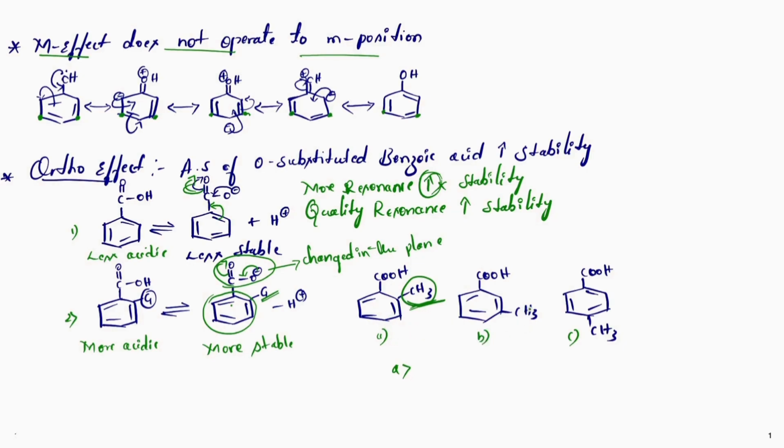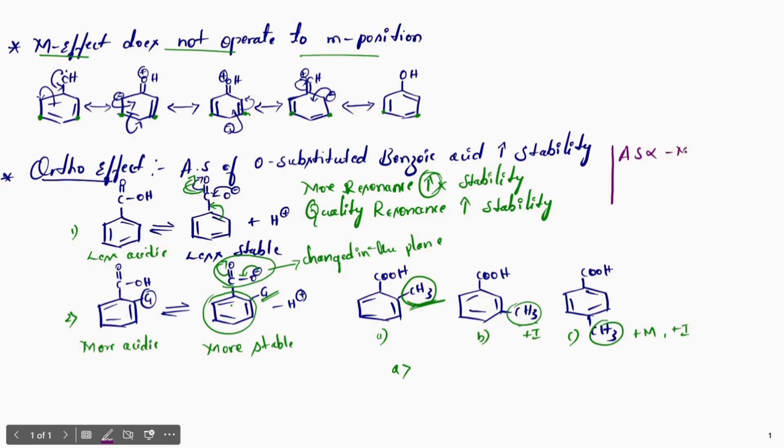Coming to B, here CH3 is a positive inductive group, and here this CH3 is positive mesomeric group and also positive inductive group. Mesomeric effect doesn't operate to meta position, therefore this CH3 gives only positive inductive effect. Acidic strength is directly proportional to negative mesomeric effect and negative inductive effect, inversely proportional to positive mesomeric effect and positive inductive effect.